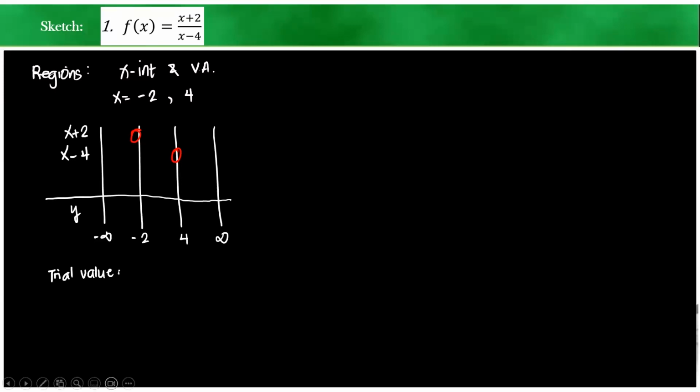What's a good trial value? Negative 10. Sige. Negative 10 plus 2 is negative. Negative 10 minus 4 is also negative. So that becomes plus, minus, plus. Two negatives give you a positive, negative, positive. Okay. So let's draw the curve.